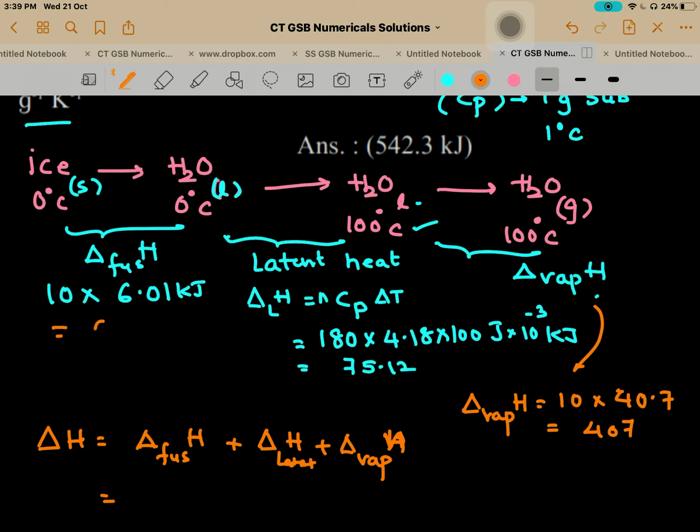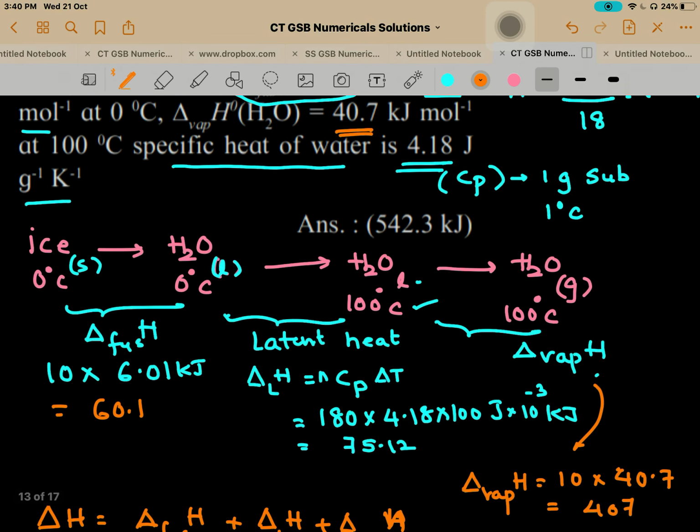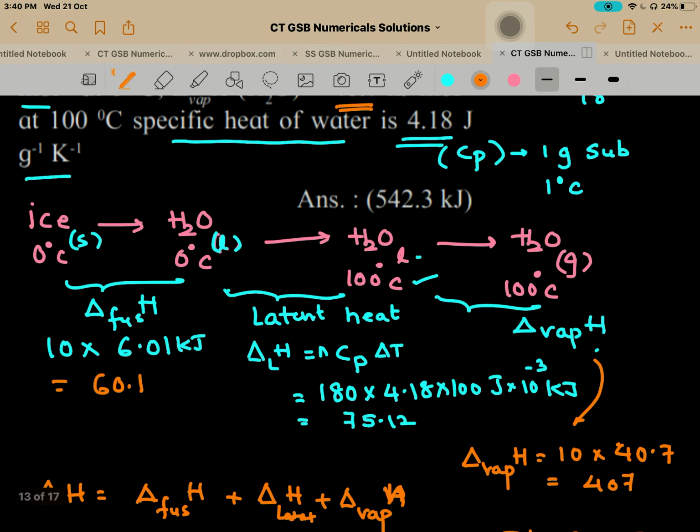So this is 60.1 plus 75.12 plus 407, and this comes to 542.34 kilojoule. So get this question, a very nice question to understand specific heat or the difference between fusion, vaporization and latent heat. Hope this question is clear to you students.